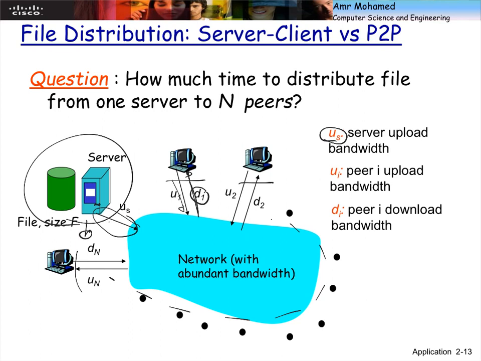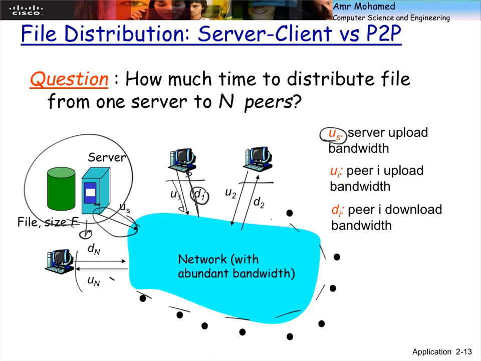So simply, for the case of client-server, the only source for this file is the server. And this file will need to be distributed to all the nodes. Same file to all nodes. Yes, so it's always one to many. It always goes from the server to all clients.